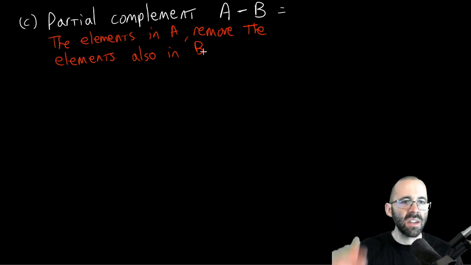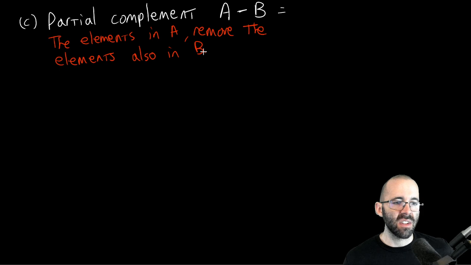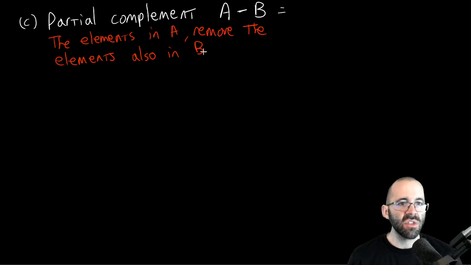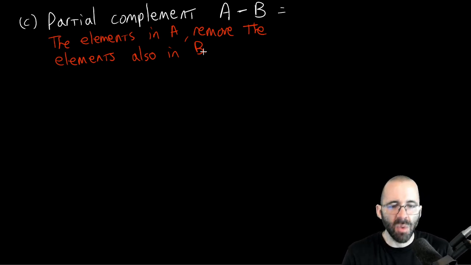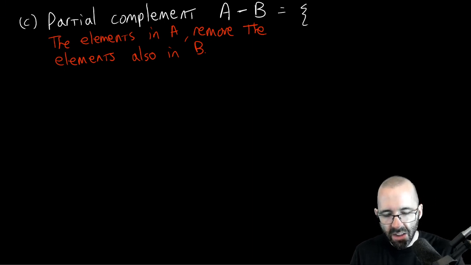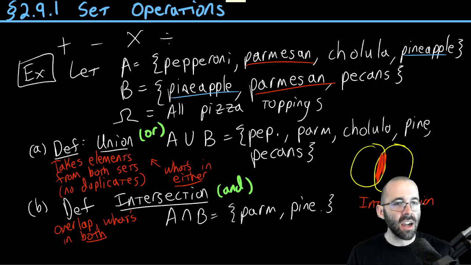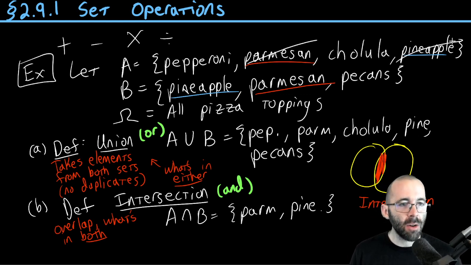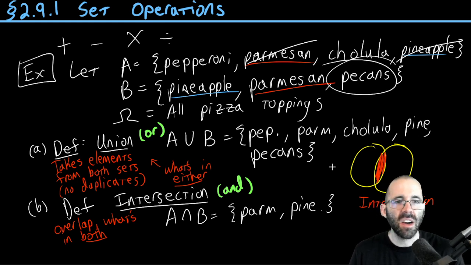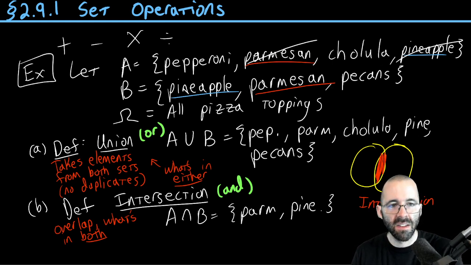And there's a couple of different ways of writing this as well. I've seen it written with a forward slash, kind of like a fraction as well, but this is the notation the book uses. So here we just take everything that's in A, and we subtract out what's also in B, already color-coded. So we're subtracting out Parmesan, we're subtracting out pineapple. We don't need to subtract out pecans, because pecans were never in there to begin with.